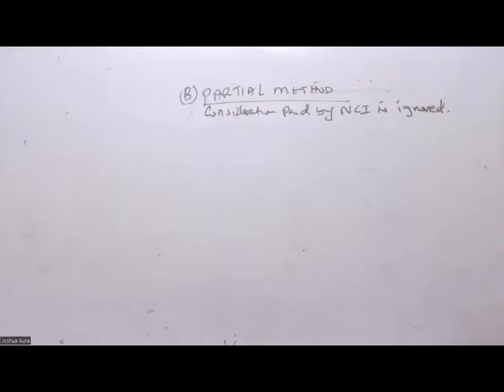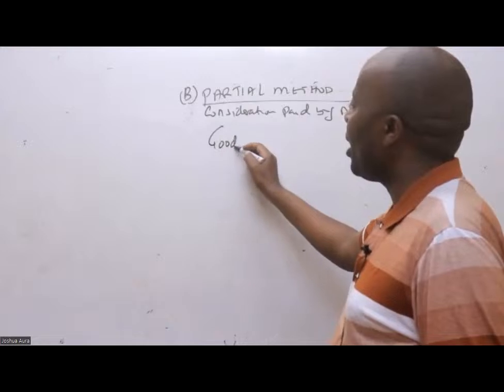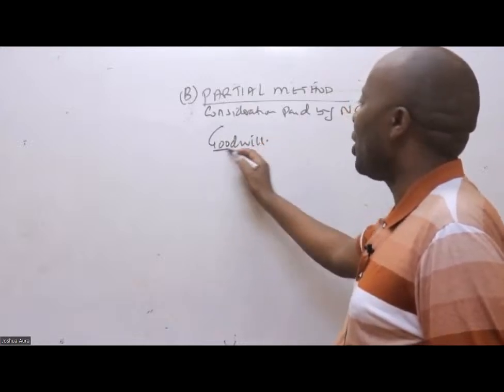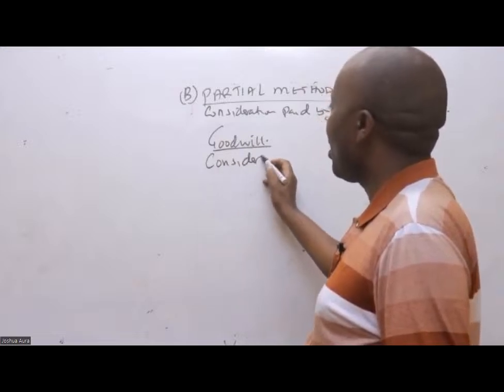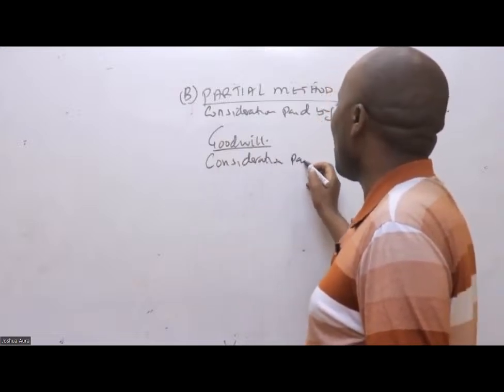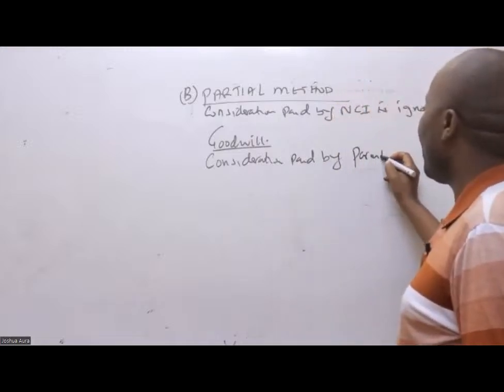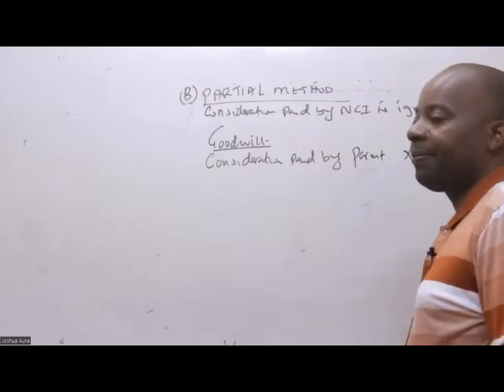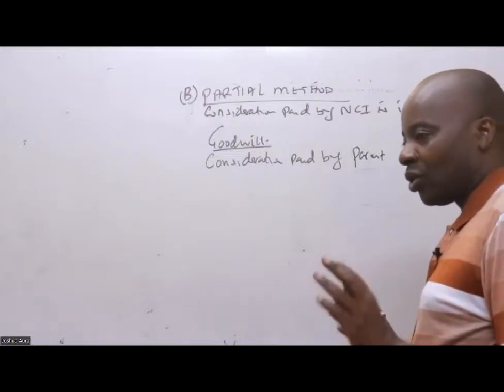So meaning that our goodwill computation will look like this. We have here consideration paid by the parent, like that. Consideration paid by NCI now is 0.